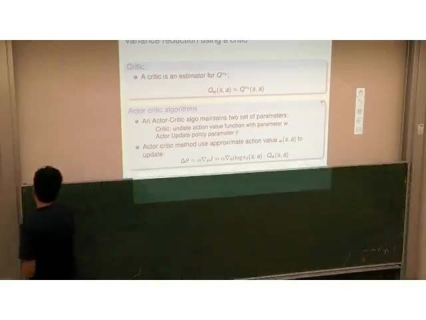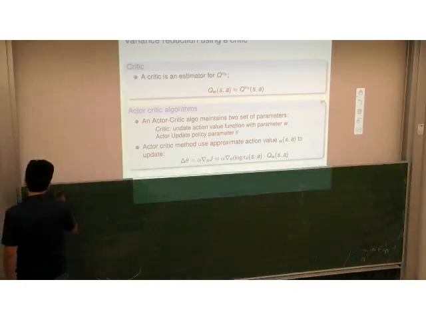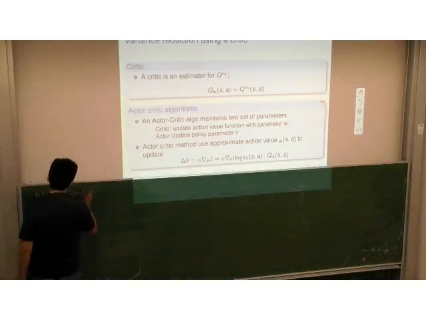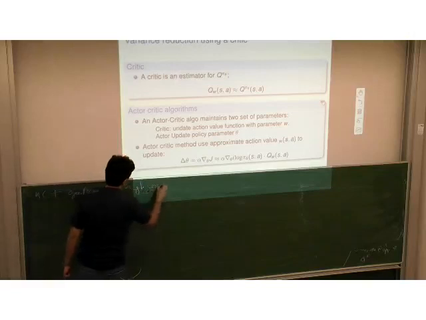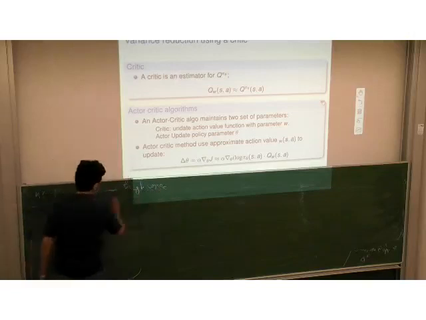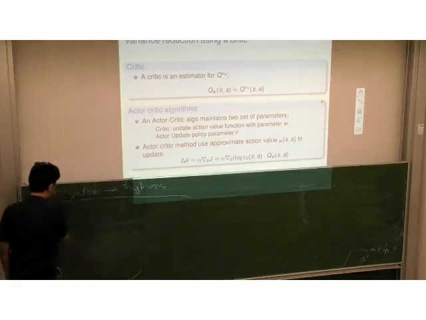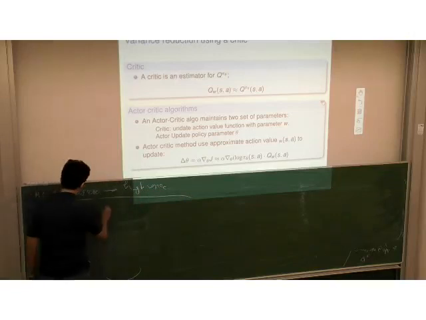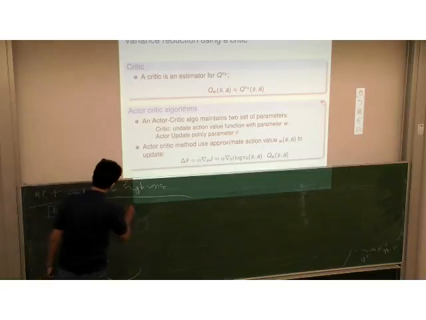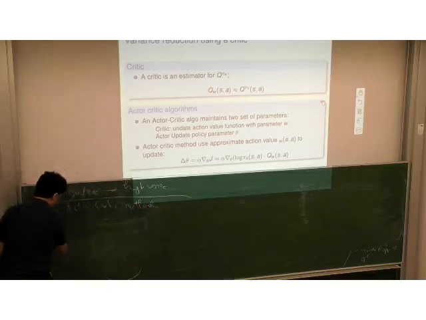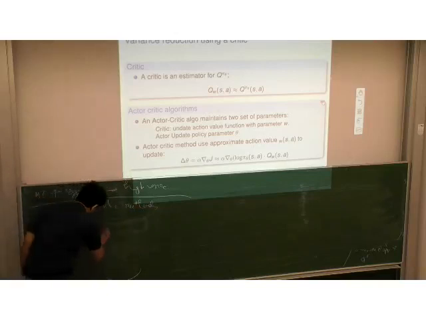So Monte Carlo plus gradient ascent has high variance, and there are two strategies to get rid of it: one is actor-critic methods, and two is baseline reduction.